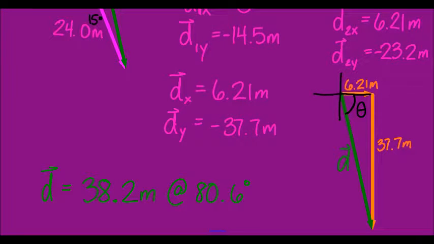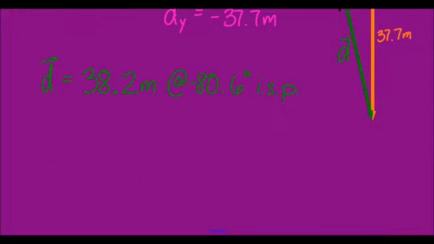And then I have to interpret where that 80.6 degrees is. One way of saying 80.6 degrees would be that it's negative 80.6 degrees in standard position. I could also say 80.6 degrees south of east, or 80.6 degrees below the positive x-axis.